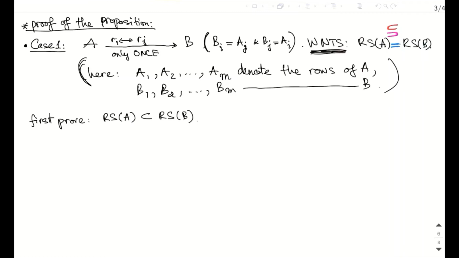Well, in order to do so, we start with any arbitrary vector. We write this to remind ourselves that we are not considering any specific case. We consider all of them at once.